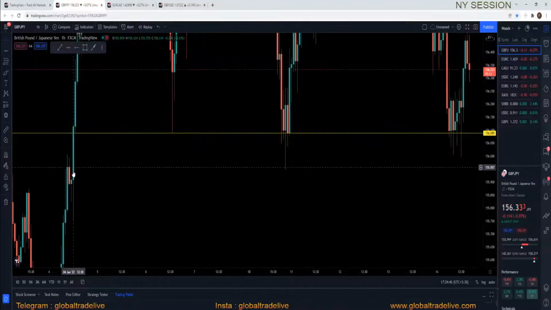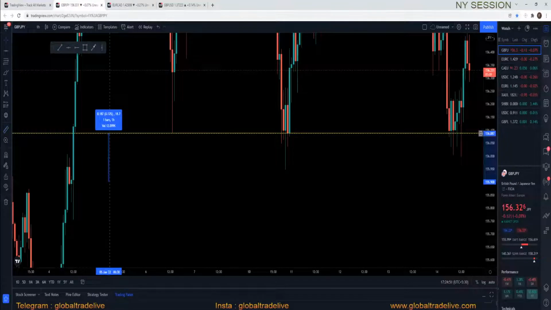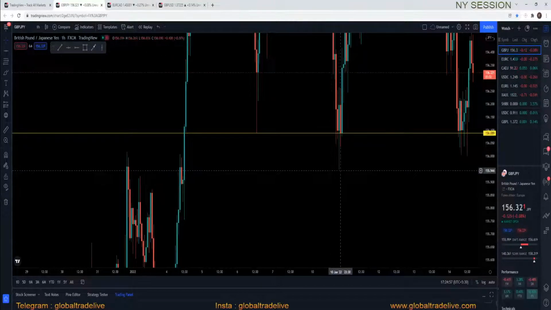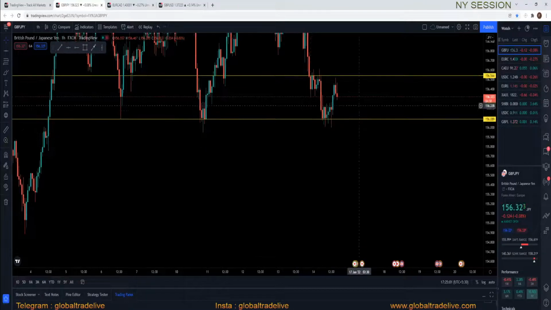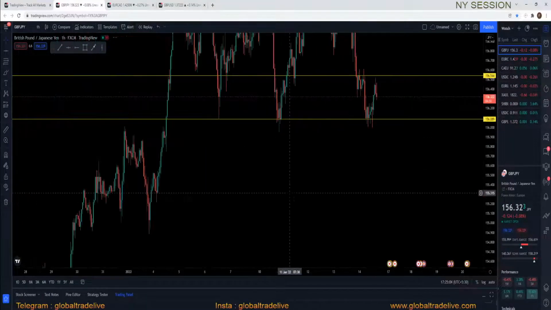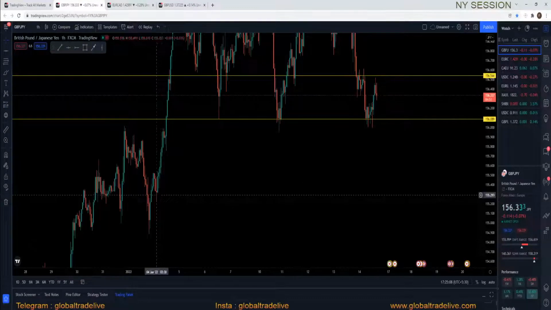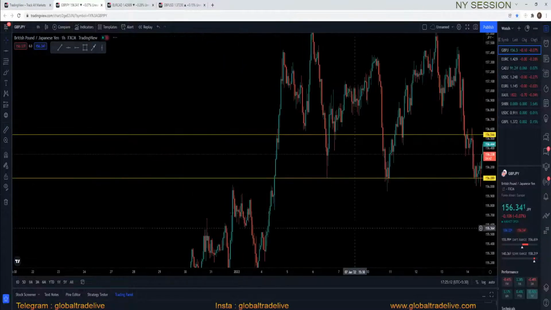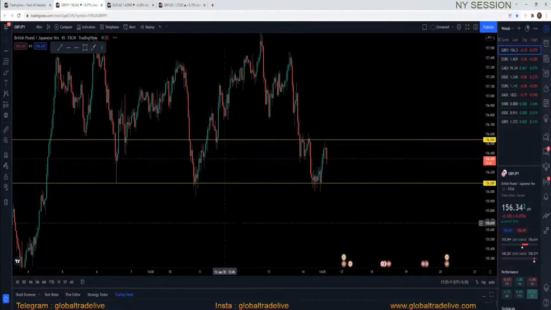We have this clean candle going down, so the market can easily move down to this level, which is 18 pips of target, you can say, or it can go down to fill this wick maybe, or something like that. But according to me, if it starts to go down, then it will be going down somewhere around over here. Yeah, according to me. So let's go to the 45 minutes as well.